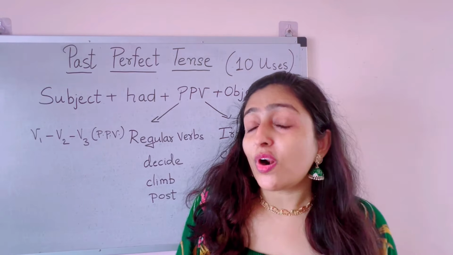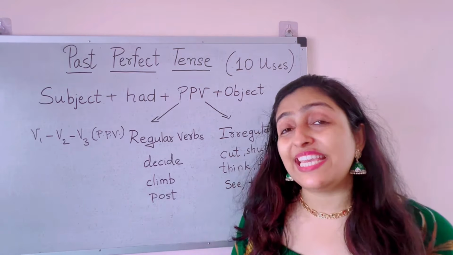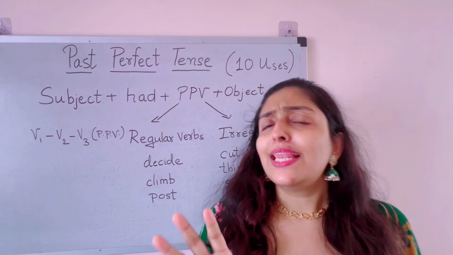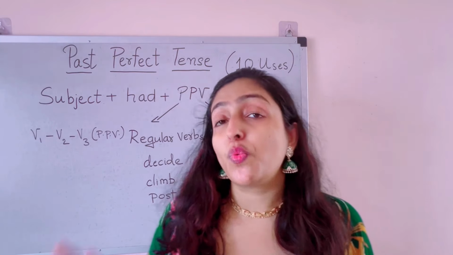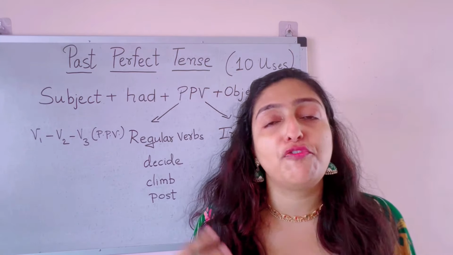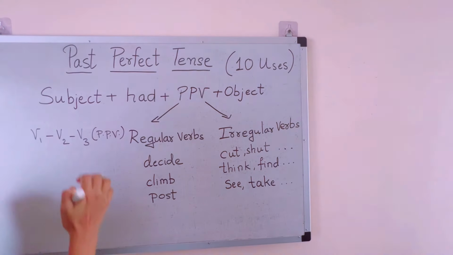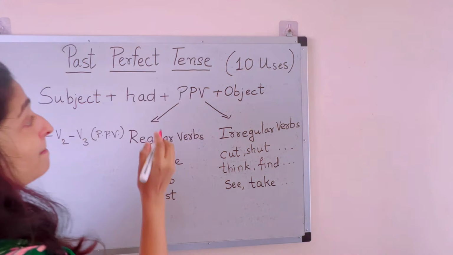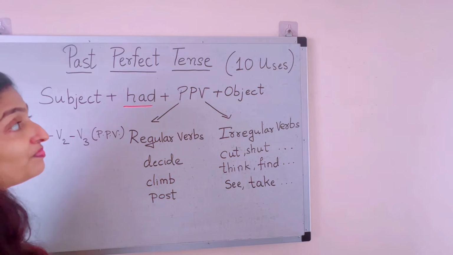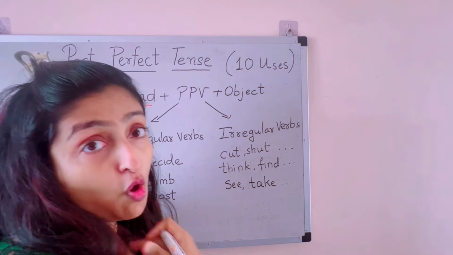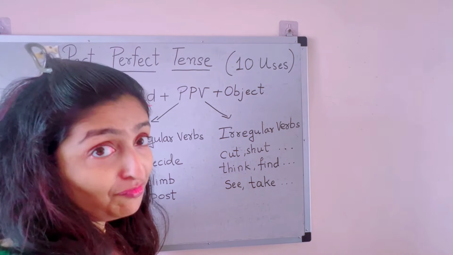Before I proceed into the uses and functions of past perfect tense, let us revise the structure or the formula of past perfect tense, and that is subject plus had, the past tense form of has and have.